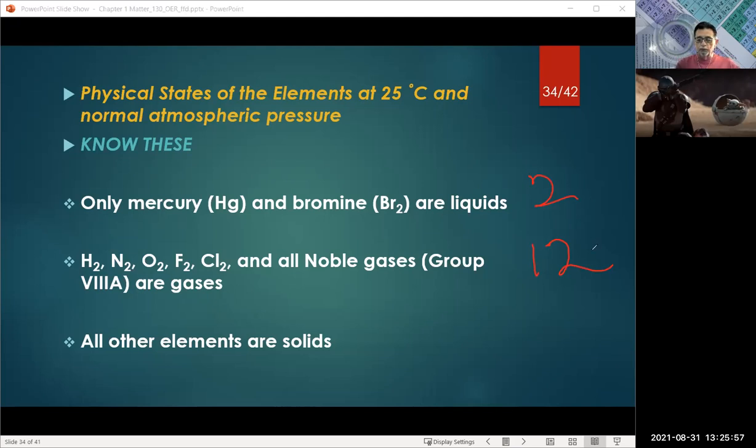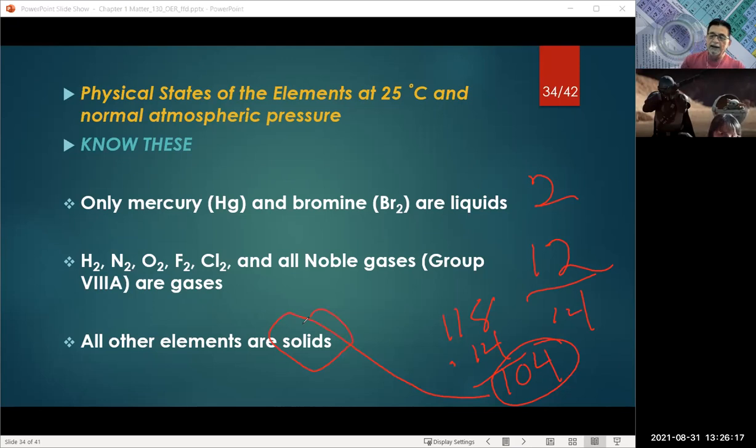And so what about the rest? So far, we have how many? You've got 14, right? There's 118 minus 14. And so we have 104. 104 are solids. Everybody else is a solid.